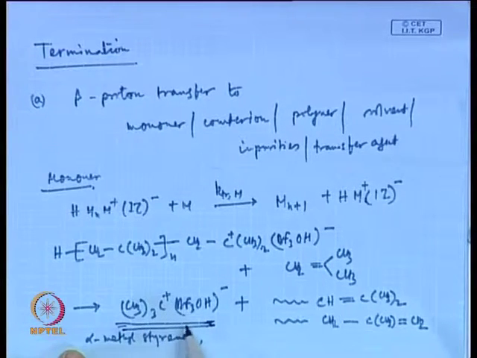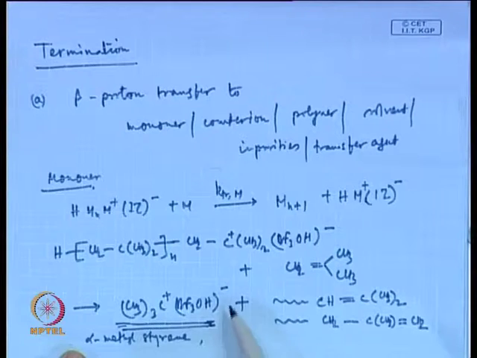the initiating species. If you recall, for the polymerization of isobutylene by BF3 plus water, this was the initiating species. So, in spite of this chain transfer reaction, the rate of polymerization does not slow down, because this has the same reactivity with the existing kinetic chain.